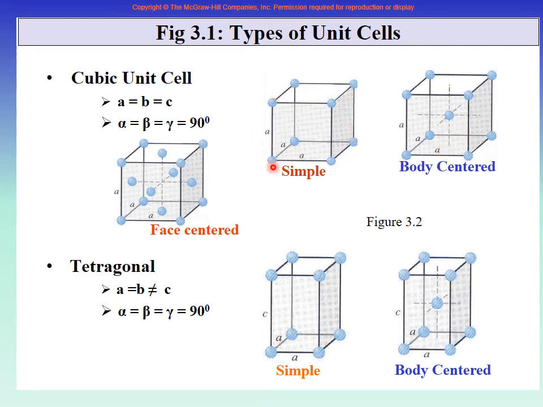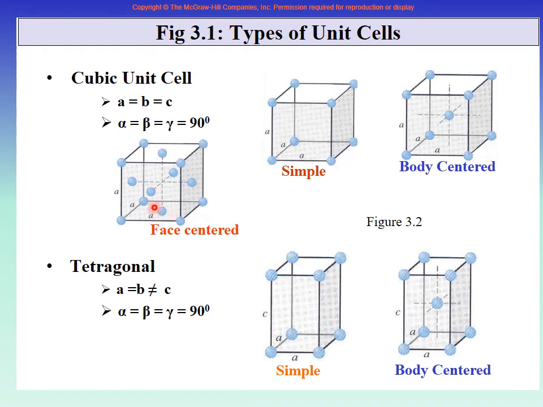Then we still have cubic. So this simple cube is there, but when we say face centered, then now on each face, top face, right face, front face, bottom face, left face, back face, on each face there is a center atom, right? In the top there is a face centered, on the right there is a face centered, on the bottom there is a face centered. So if there are 6 faces, isn't it, on any cube, front and back, left and right, top and bottom, there are 6 faces.